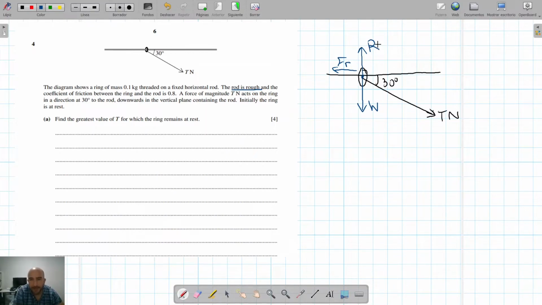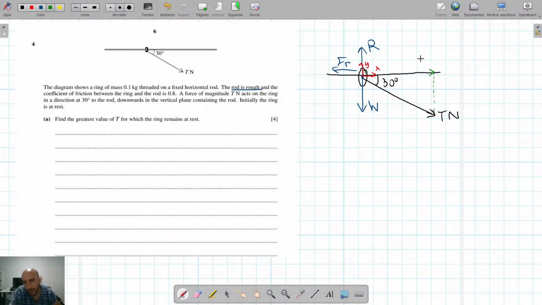Now, second step, every time you have this kind of exercises, the next thing you have to do is draw some axes. So we're going to consider the x-axis and the y-axis. And the next thing is any forces that are not on the axis, you have to find their components.